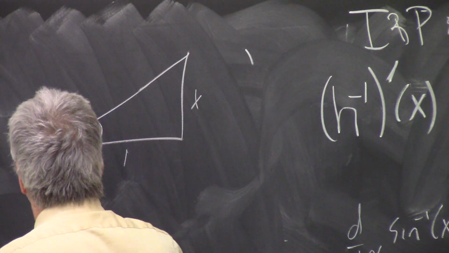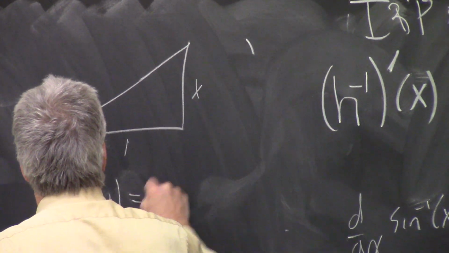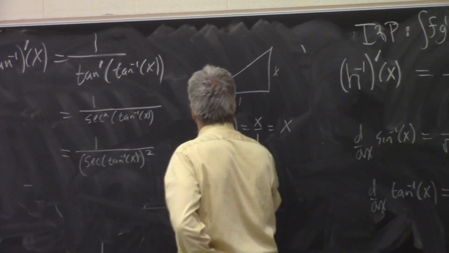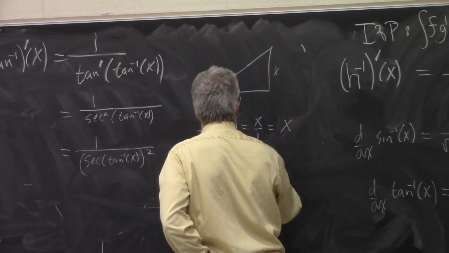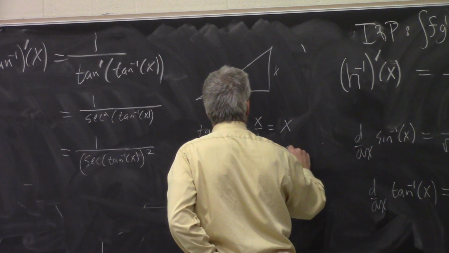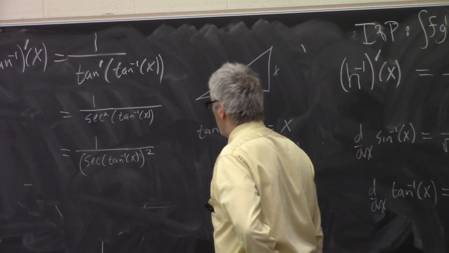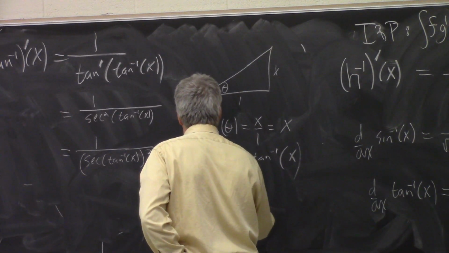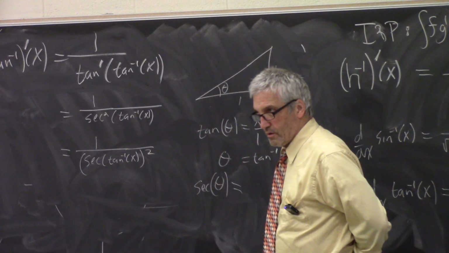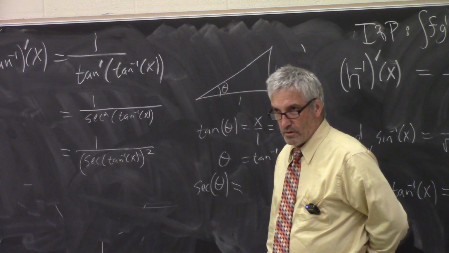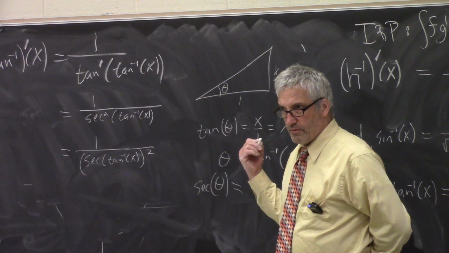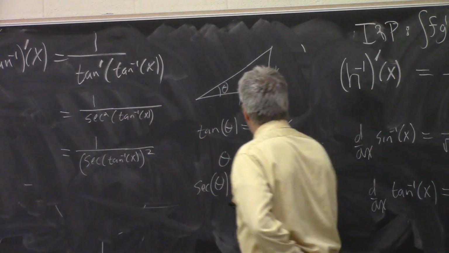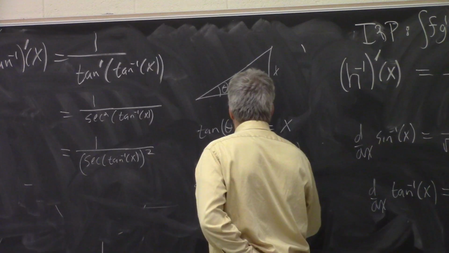So tangent of theta is x over 1, which is just x. That means that theta is tan inverse of x. So what's secant of theta in this picture? How do you compute secant? It's 1 over cosine theta.